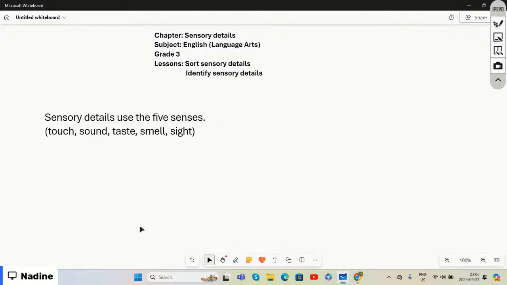If you can think of a few examples of any forms of sensory details, things that you can touch, hear, taste, smell, or see, we are going to be sorting out those things under each sense.